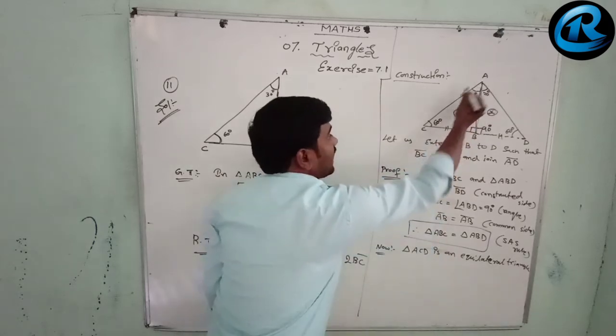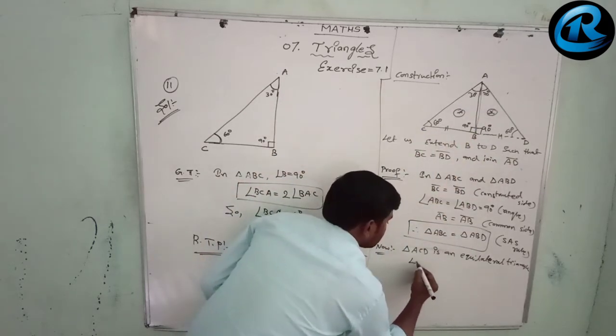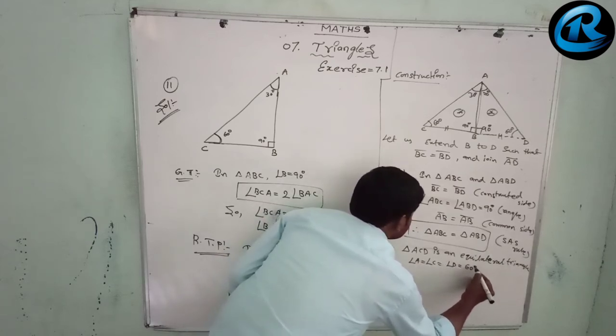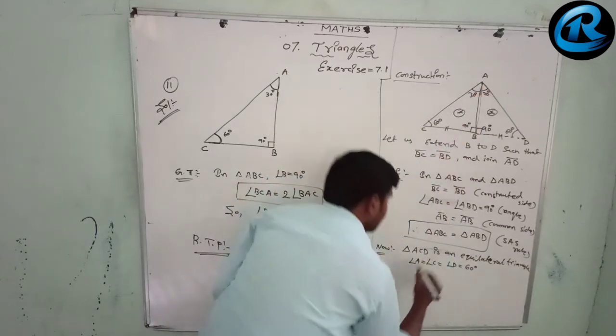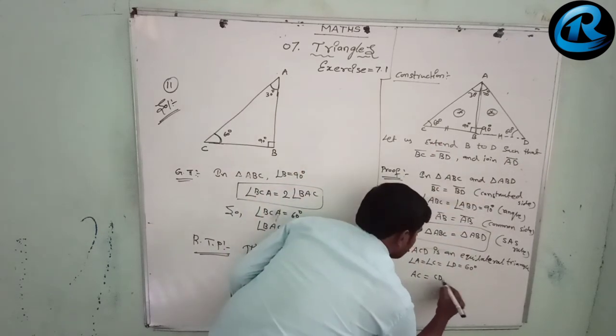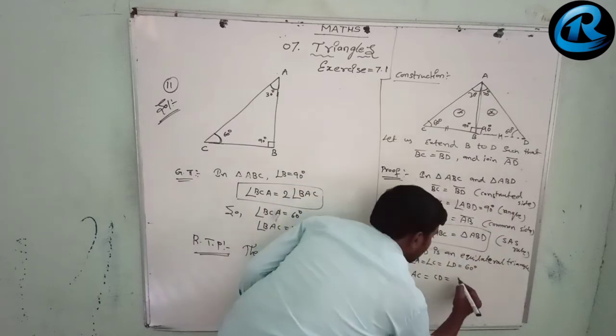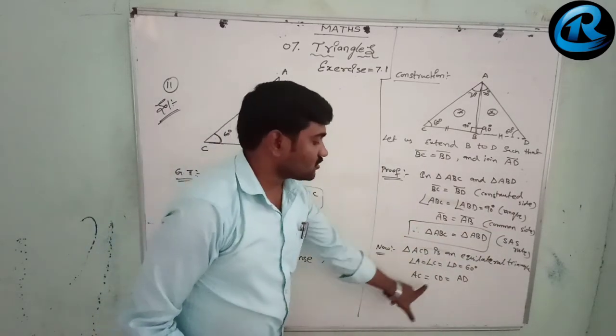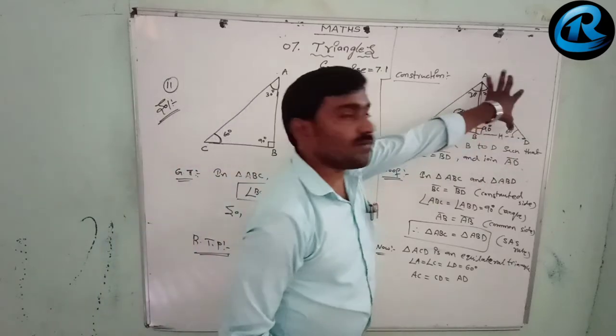As we know, angle A equal to angle C equal to angle D equal to 60 degrees. That means side AC equal to side CD equal to side AD. Three angles are equal, so the three sides will also be equal.